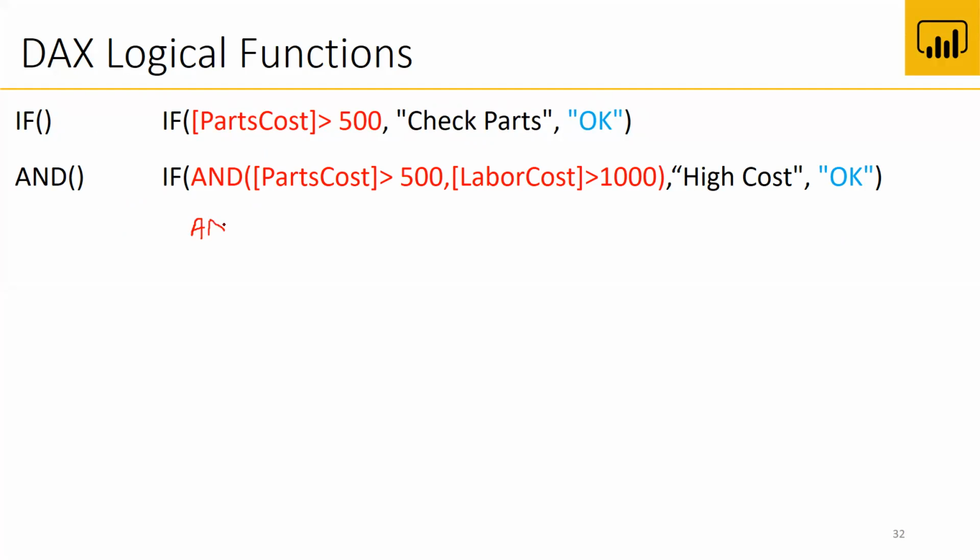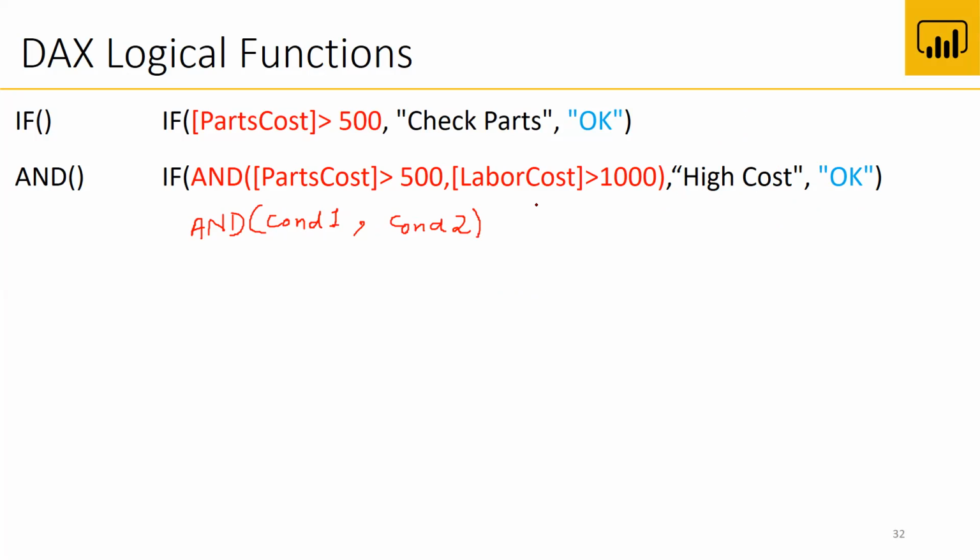AND, condition one, comma, condition two. If condition one is true and condition two is false, the overall condition is assumed to be false, and the false expression will be executed. If both of the conditions are true, there is only one way to the high cost.